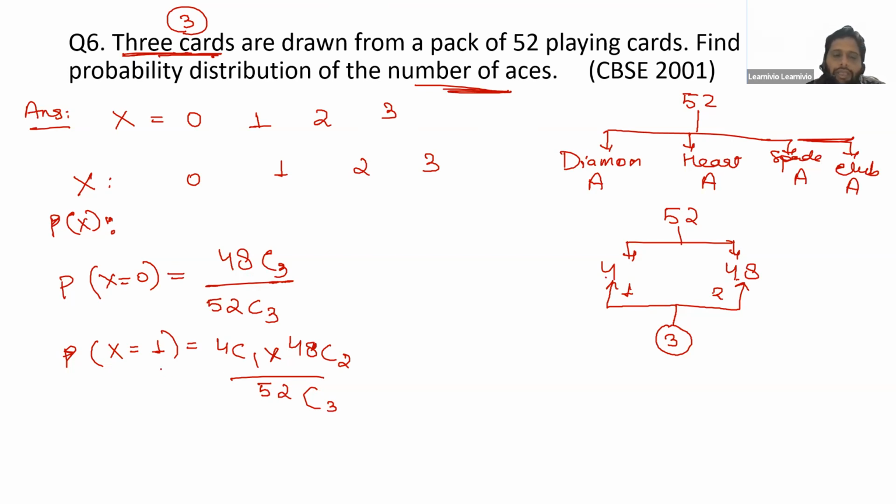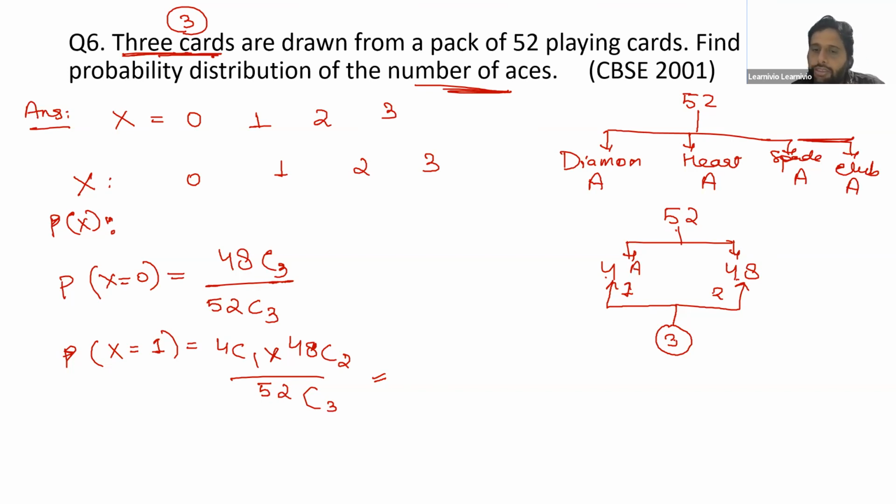The X is equal to 1 equation. What didn't you understand, Umair? How we get X is equal to 1? Umair, we are drawing 3 cards, okay? And in 3 cards, we need how many aces? 1 ace. So how will you get 1 ace? In 52 cards, you have 4 aces and 48 remaining cards.